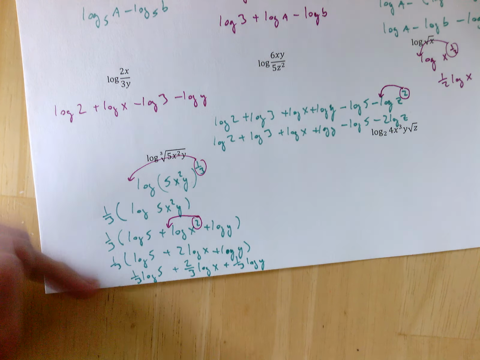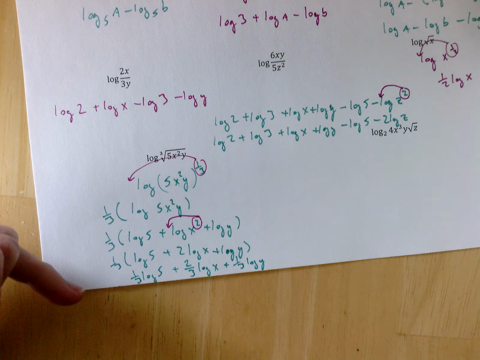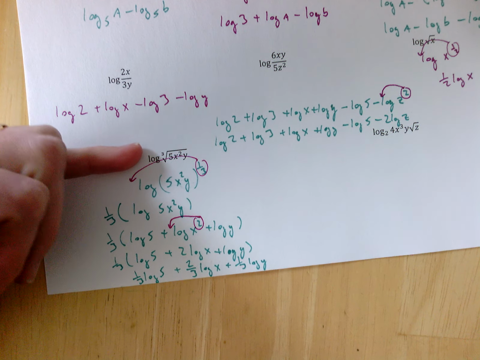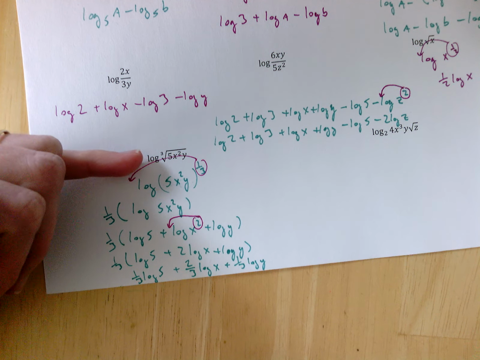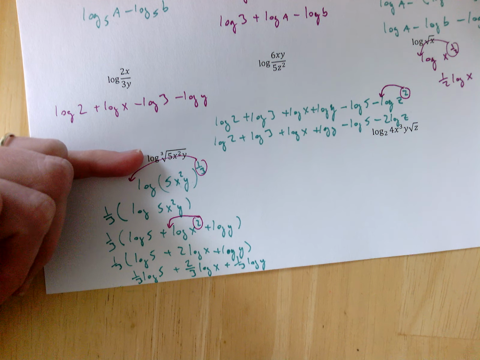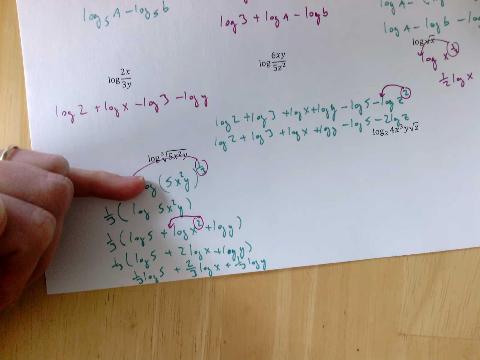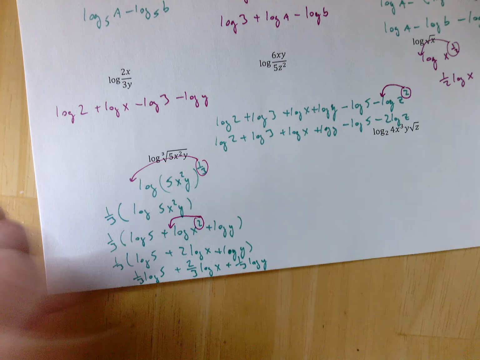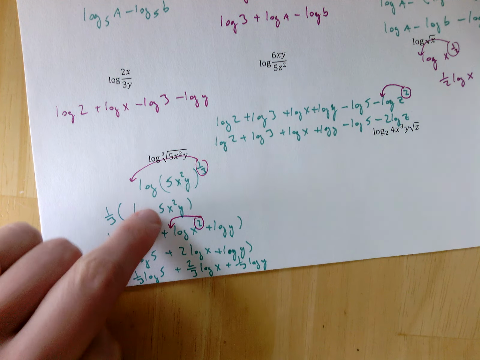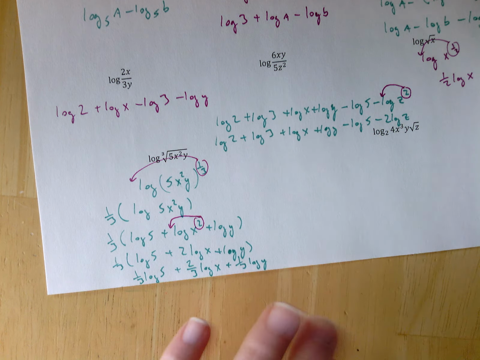I did a lot of steps there that I wouldn't necessarily have done if I were doing this problem out just on my own, right? I probably would have jumped from here to maybe here, and then honestly from there right to the answer. I would have brought the 1/3 down and the 2 down as I was breaking it up.